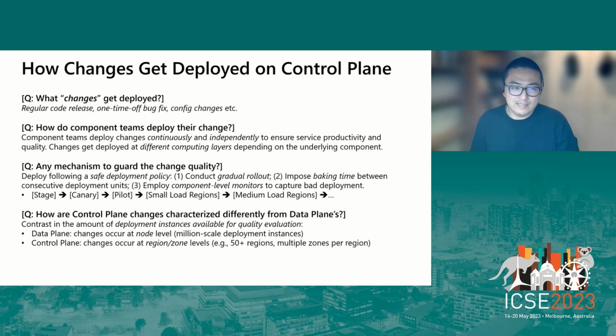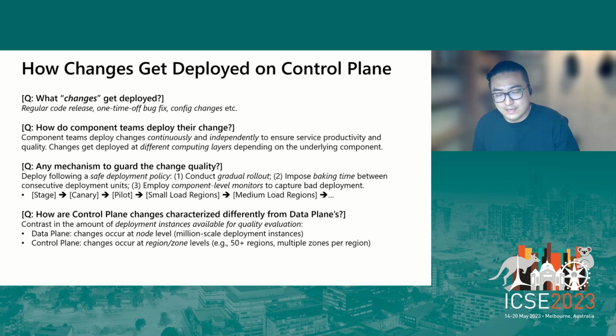Finally, I want to highlight the key difference between the Azure control plane and data plane in terms of new deployments. Control plane changes and data plane ones differ by magnitudes of the available instances for quality evaluation. A data plane change typically occurs at the node level, and often when a change happens, that results in millions of change instances that are ready for quality evaluations.